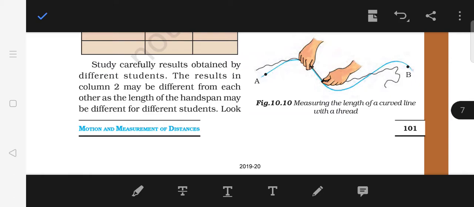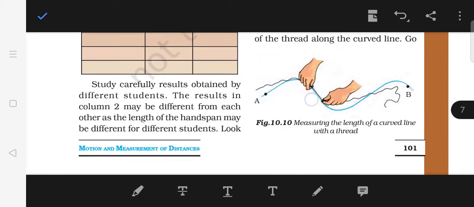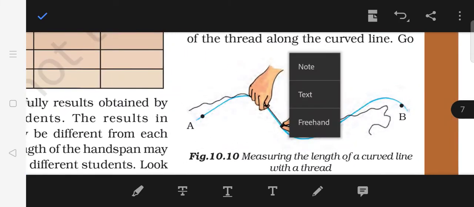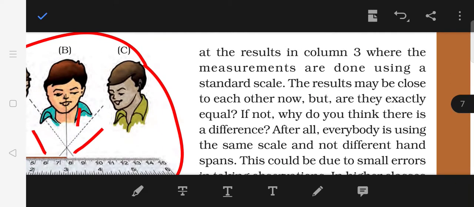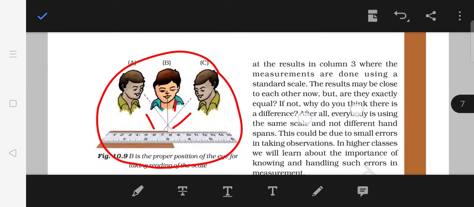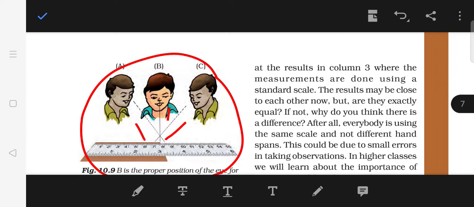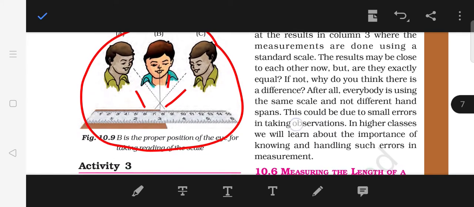The result in column 2 may be different from each other, as the length of the handspan may be different. We have already discussed this. Now look at the result in column 3 where the measurements are done using a standard scale.